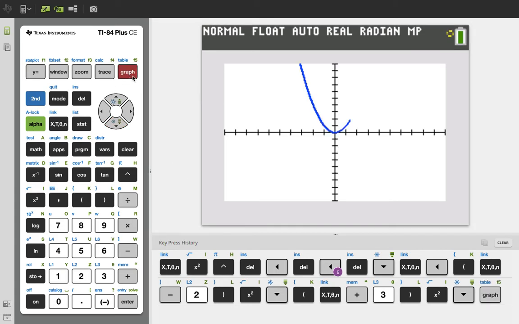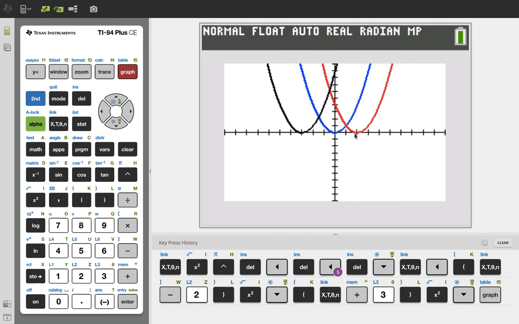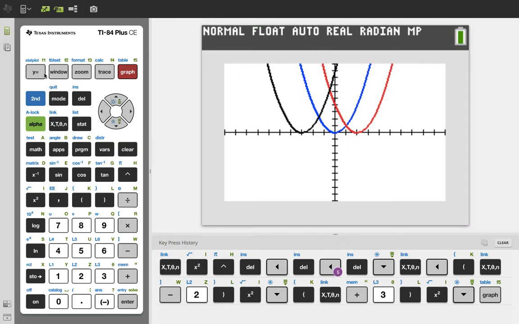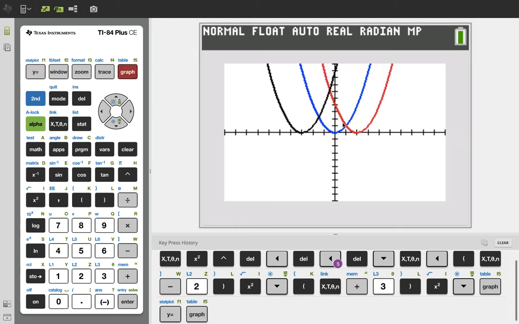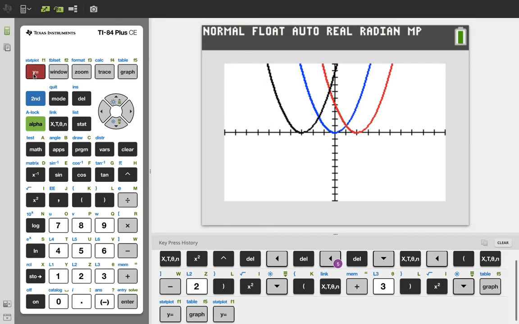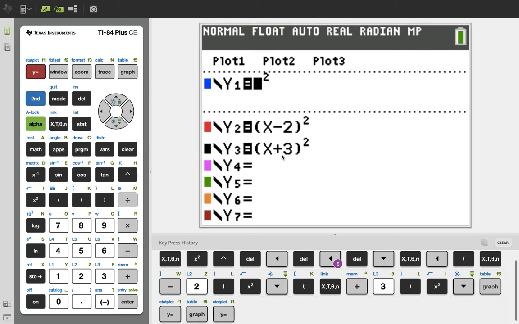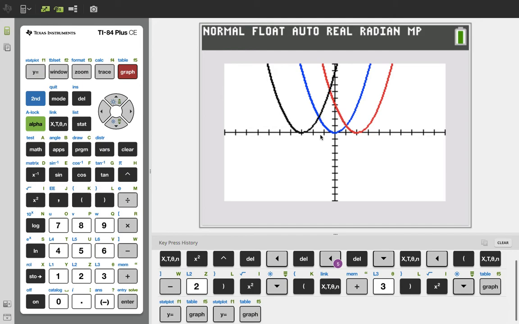So let's look. Here's my original. My red graph, notice I subtracted 2 on the inside and that graph was shifted 2 to the right. So that might not be what you expected to happen. And my black graph, I added 3 inside, and that was shifted 3 to the left, which again might not be what you expected.